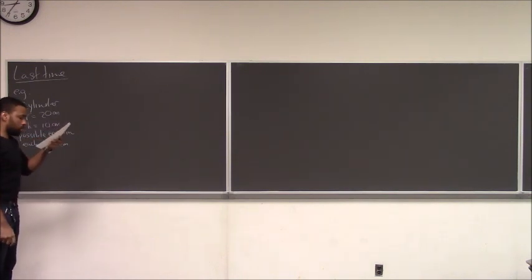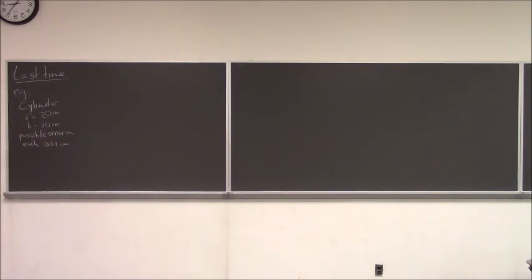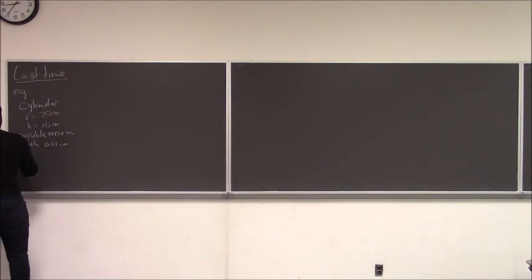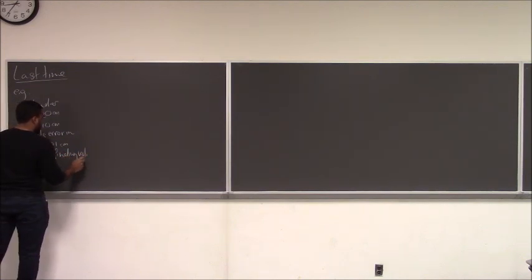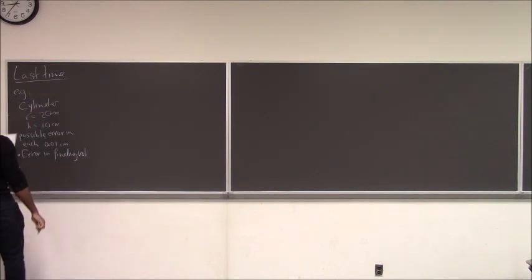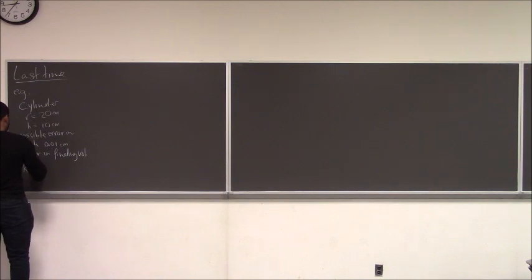So these aren't measured as accurately as possible. That's the possible error in each measurement. And we want to know what is the error in finding volume and relative error in finding volume.